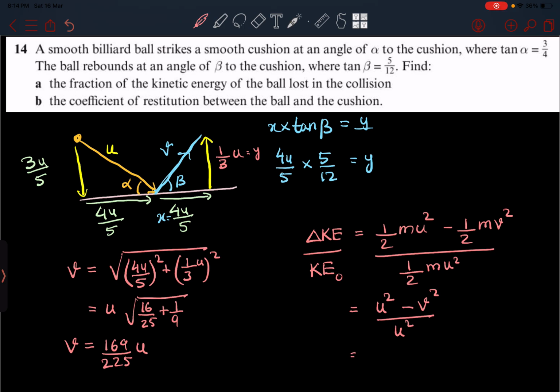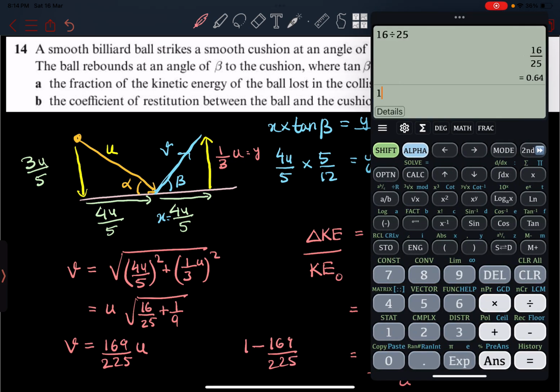So we've got this is equal to, so I could factor out u squared minus v is 169 over 225 u squared, over u squared. So essentially all of this cancels out, and then we will be left with the fraction that is 1 minus 169 over 225.